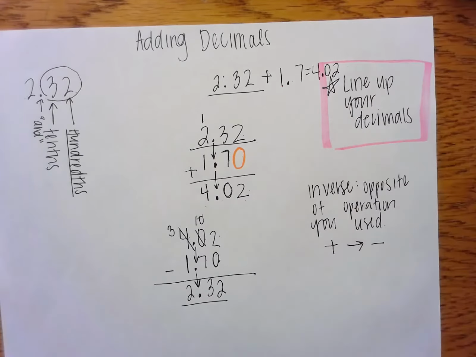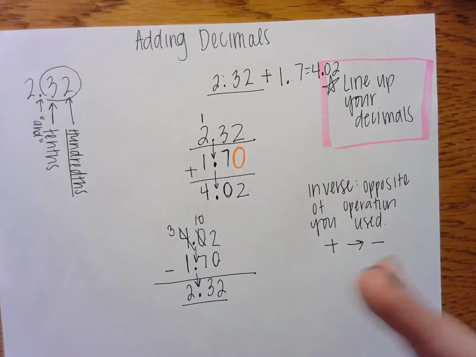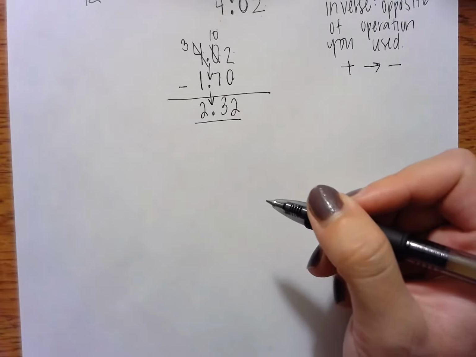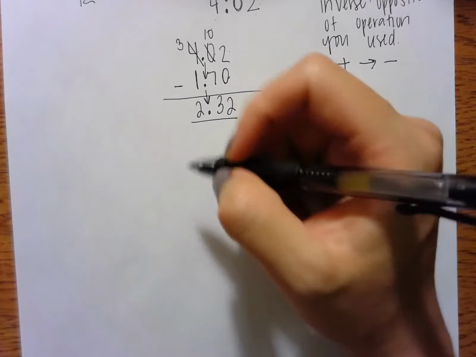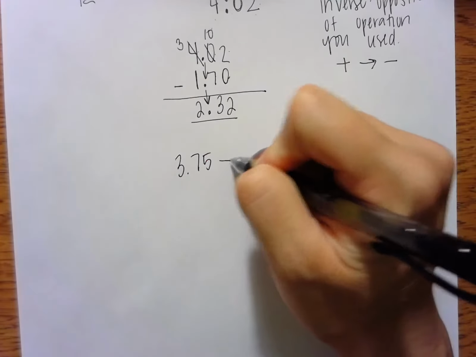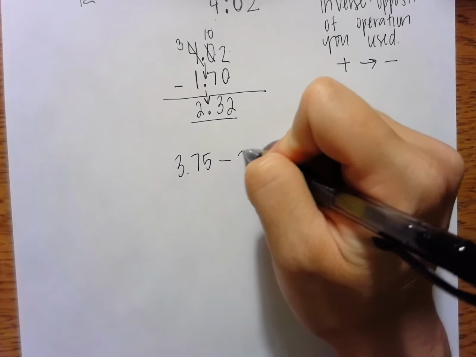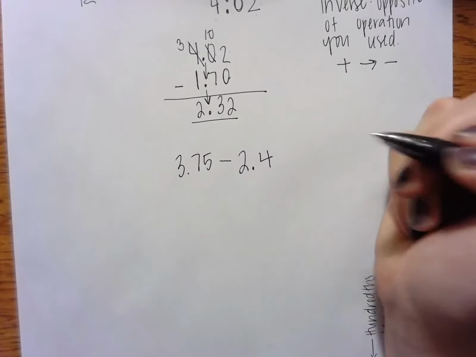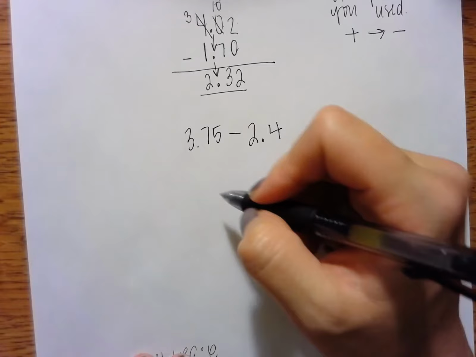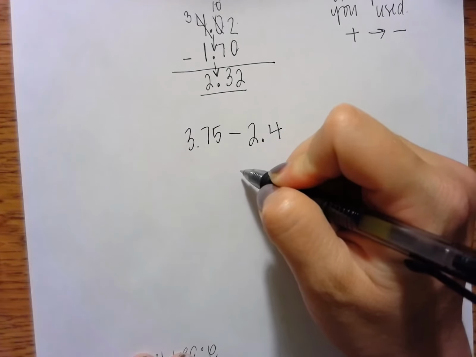Now to subtract, you kind of just saw that, but we can do another problem. Let's use the numbers 3 and 75 hundredths minus 2 and 4 tenths. We're just going to treat it the exact same as we did the addition problem. We are going to line up those decimals.